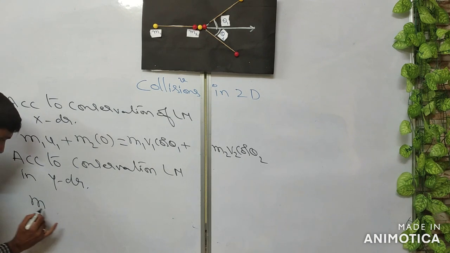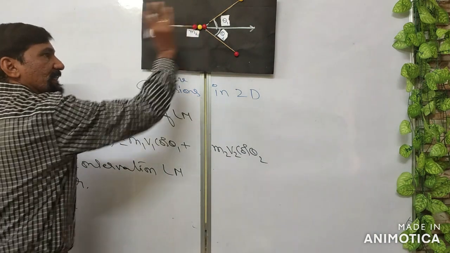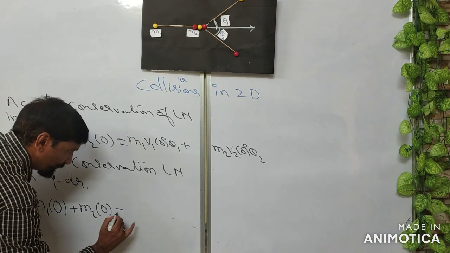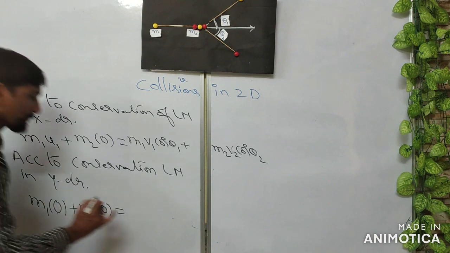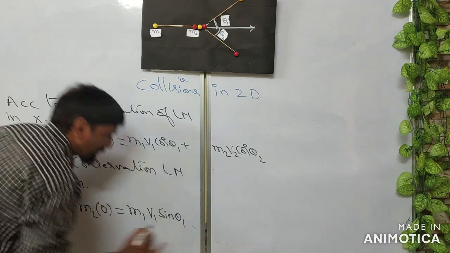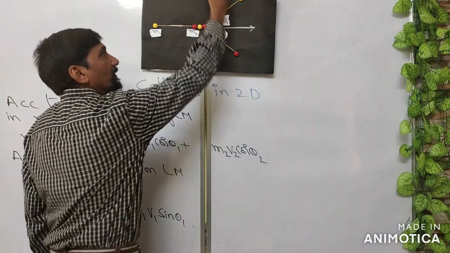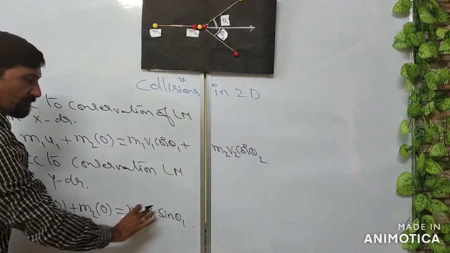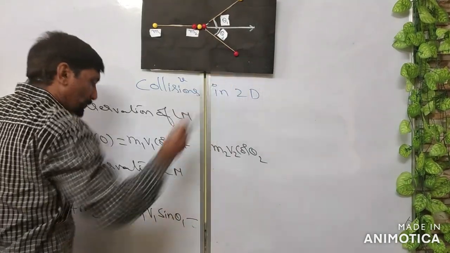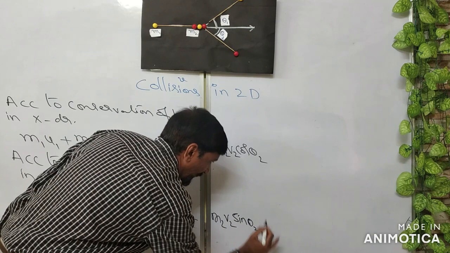So m1 times 0 plus the second body, which is at rest and not moving, so m2 into 0, equal to m1 v1 sin theta 1, because horizontal is v1 cos theta 1 and vertical is v1 sin theta 1, minus, because the second body is going down, m2 v2 sin theta 2.